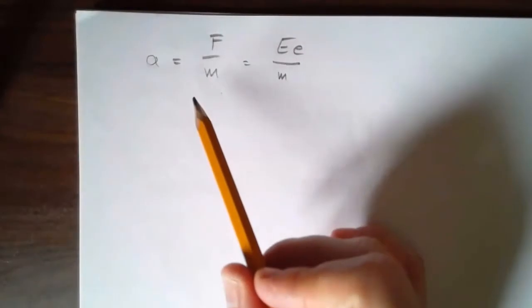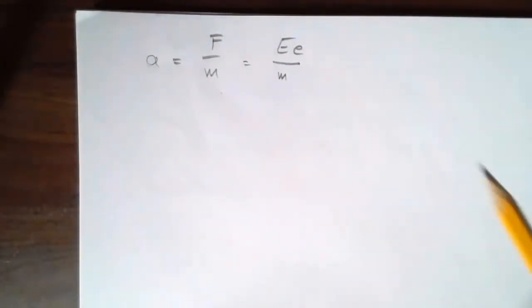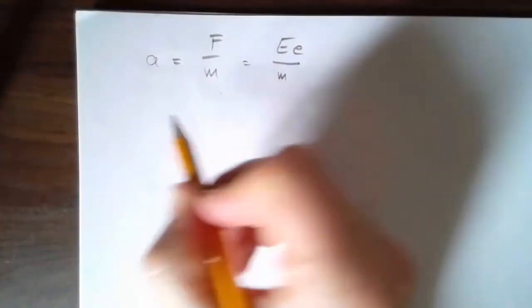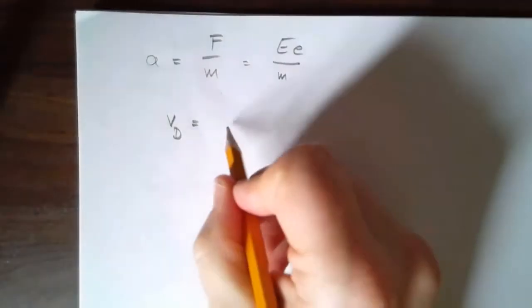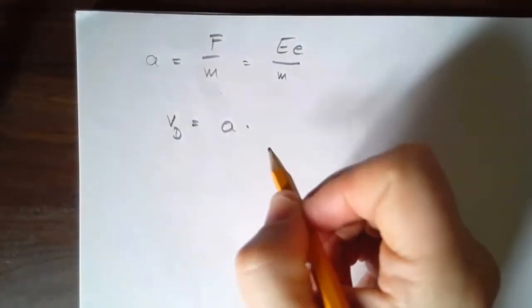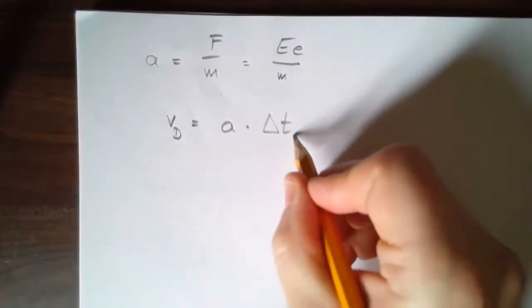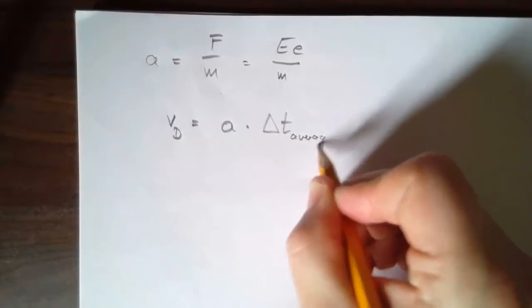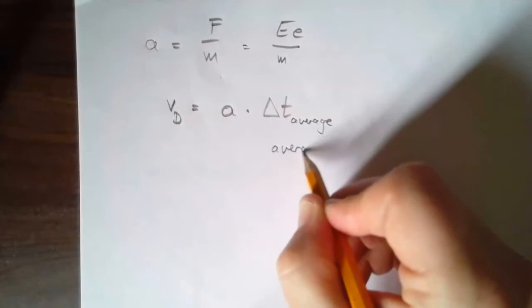That implies that the distance gained or lost due to the acceleration, in comparison to there being no electric field, is going to give us the drift speed. It's going to be given by the acceleration times the average time, called delta t average, the average time between collisions.